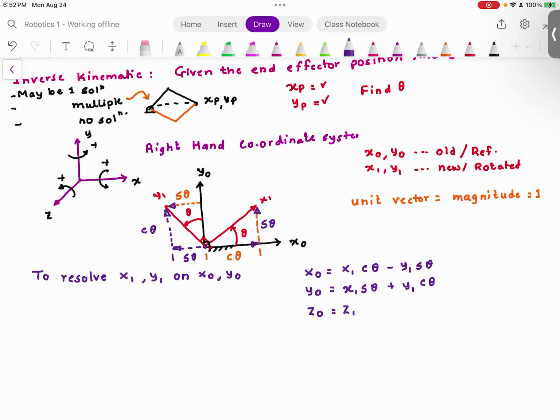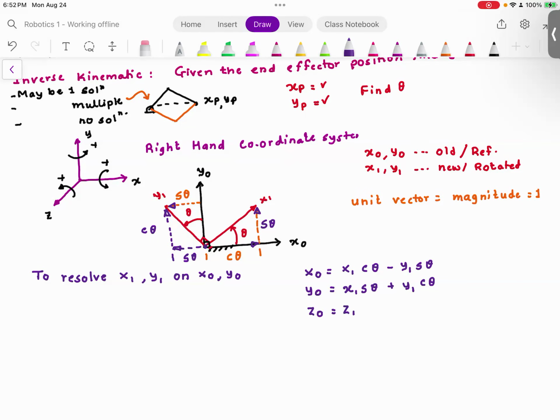So I'm going to ask you to look at that figure and make sure that everyone understands how we have taken the projections, how we have taken these signs. We are trying to find out the relationship between the fixed frame and the moving or rotating frame.